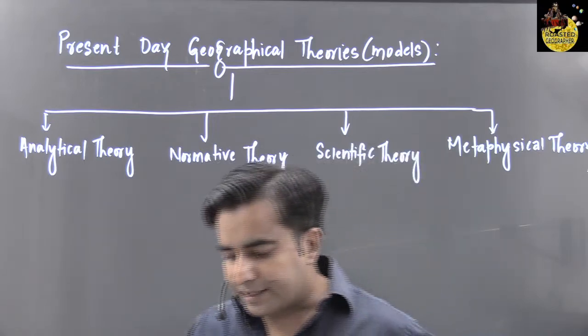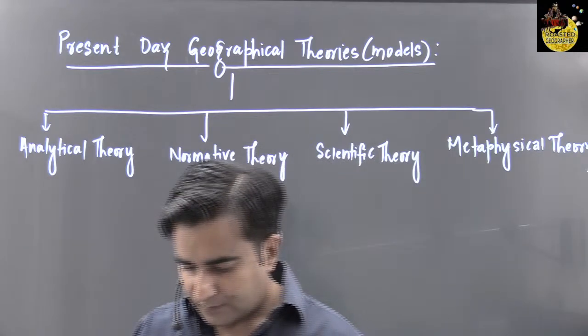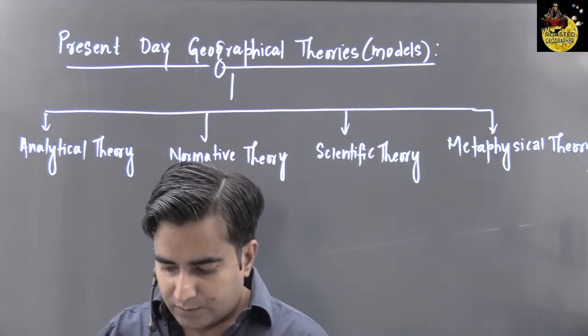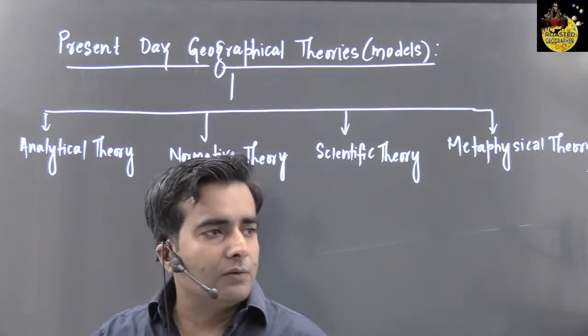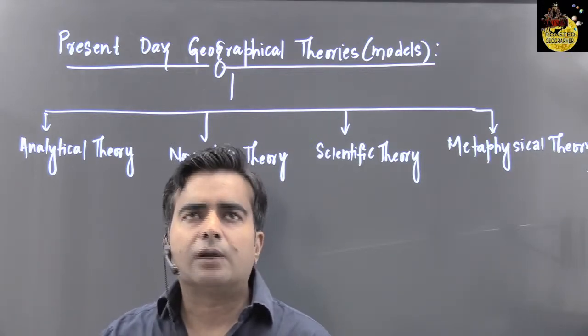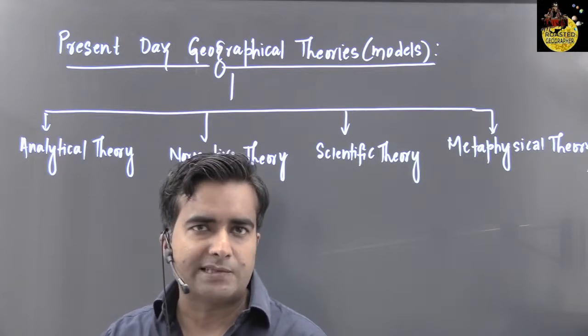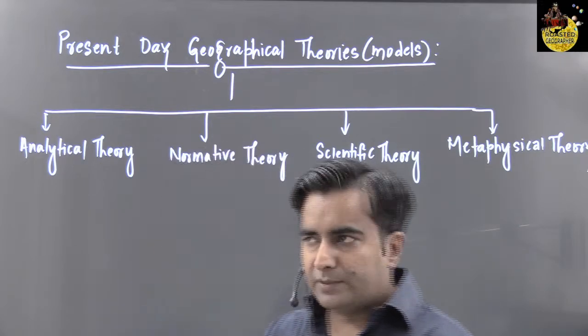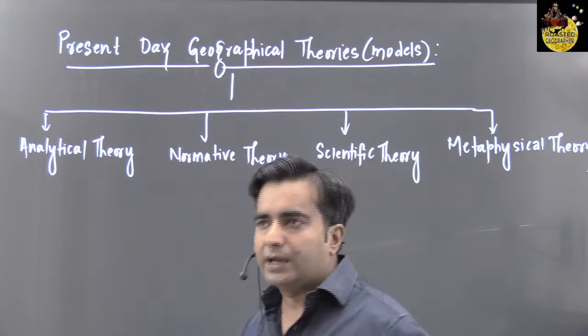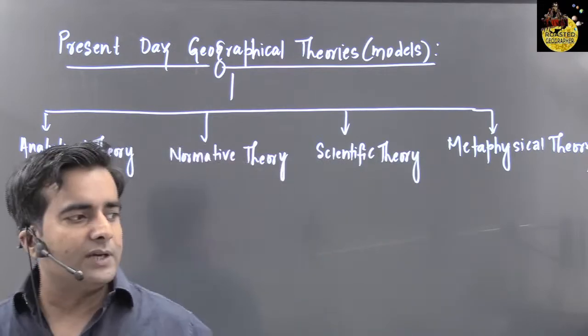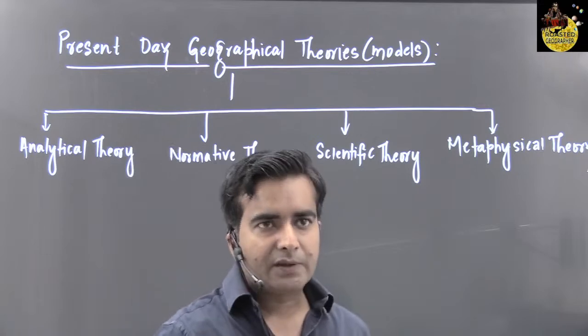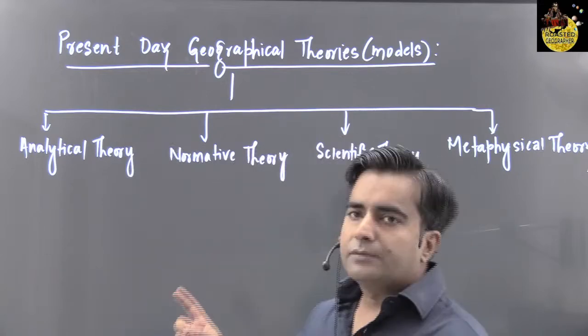If we talk about analytical theory, these are all based on the laws of mathematics, basically statistical mathematical models. Most of the time, like I said, anything can be used anywhere, but most of the time we use analytical theories in physical geography.